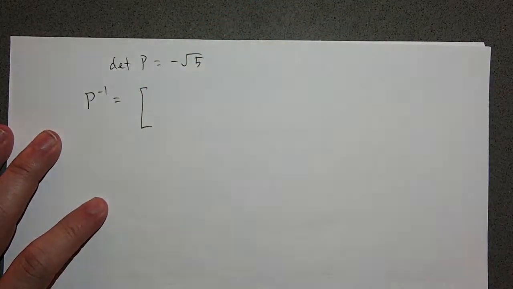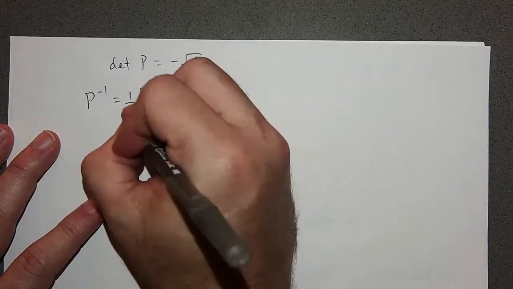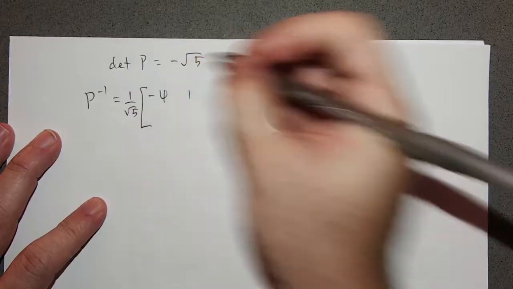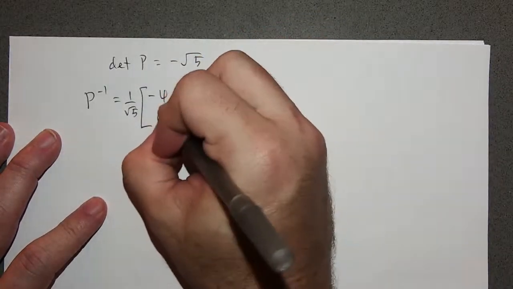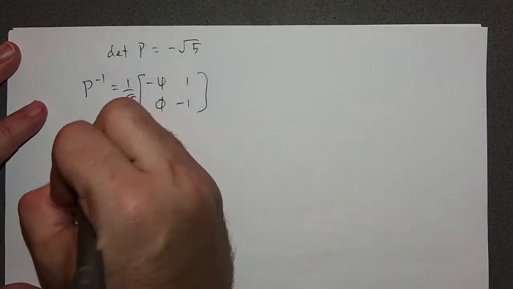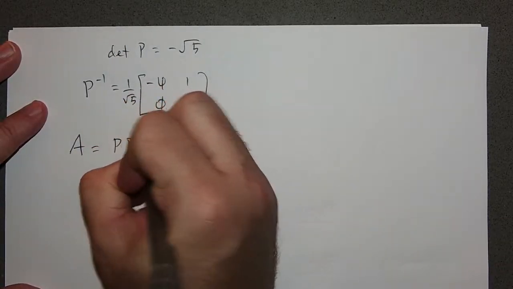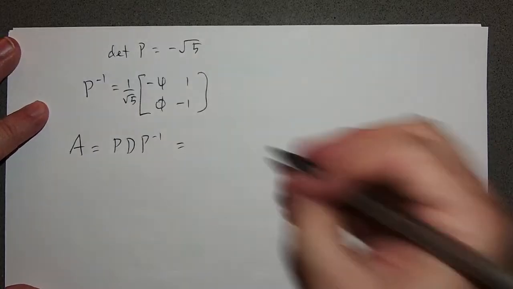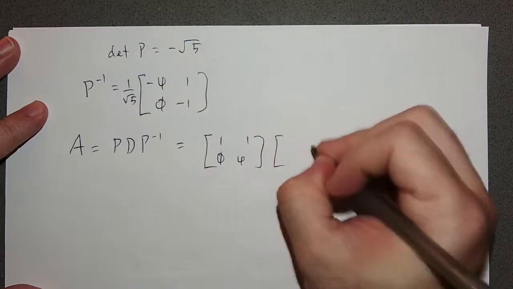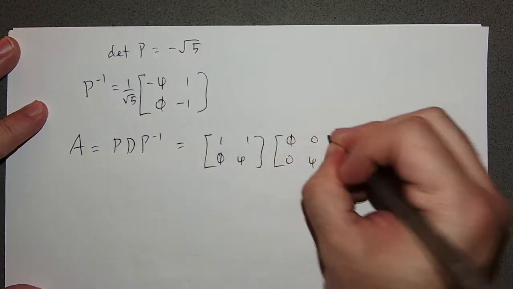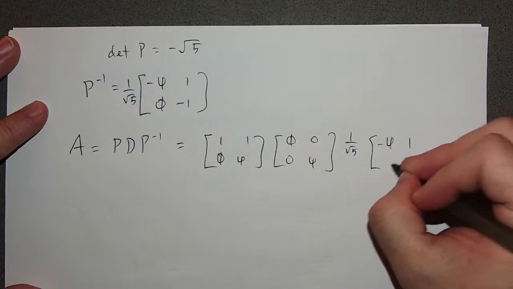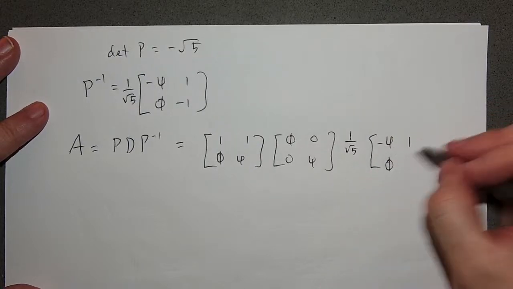So P inverse is 1 over root 5 times minus c, 1, phi, minus 1. Putting all these things together, A is P D P inverse, which is 1, 1, phi, c times phi, 0, 0, c times 1 over root 5 times minus c, 1, phi, minus 1.